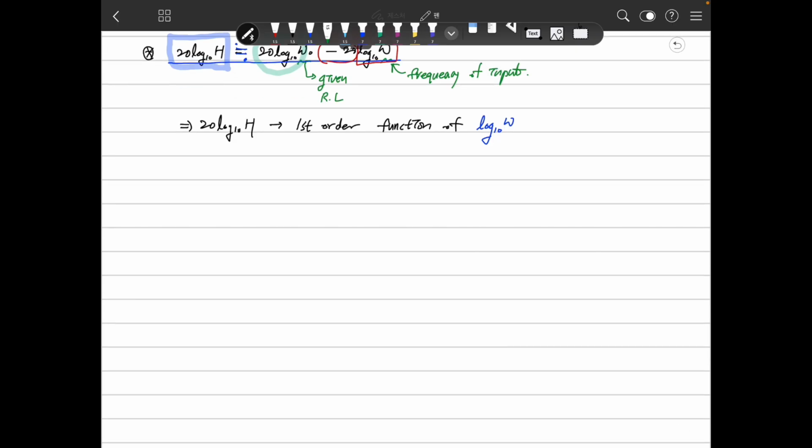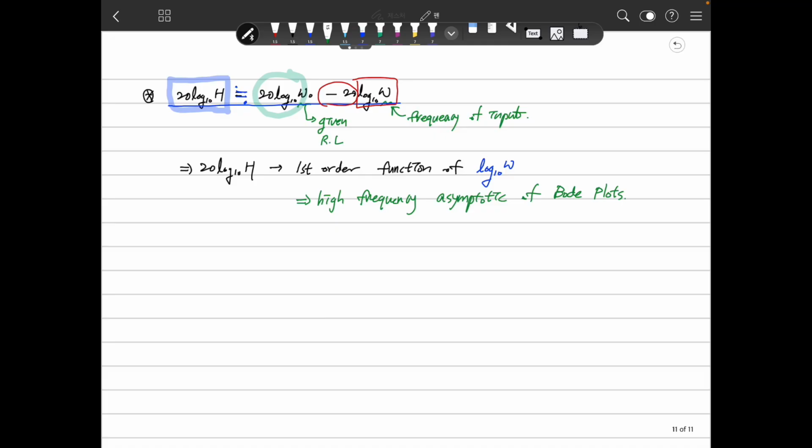So we call this the high frequency asymptote of the plot.